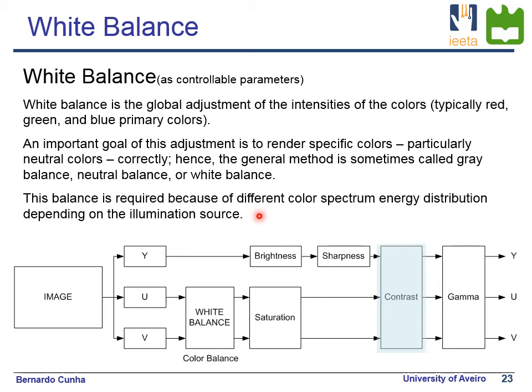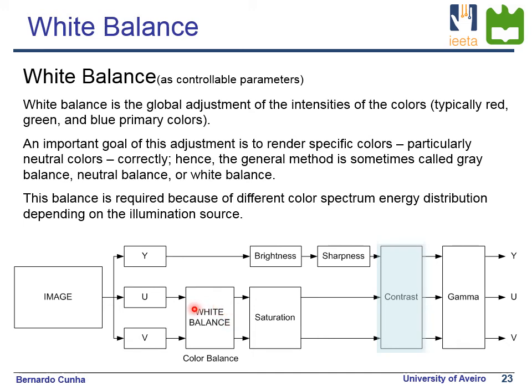The result is that if you illuminate the same scene with, say, sunlight and an inside lamp, the resulting colors of the same scene will be different because of that different distribution along the spectrum. The objective of the white balance is to compensate for that fact.